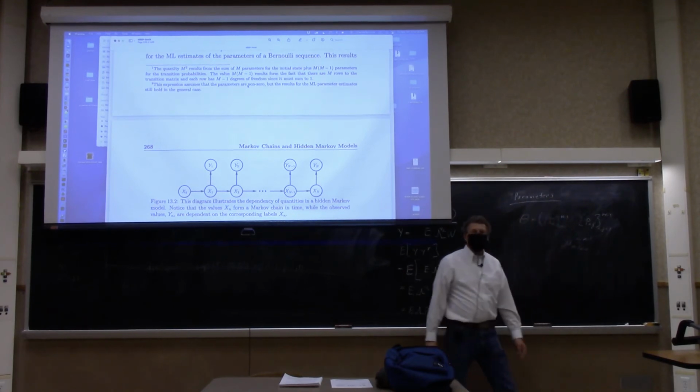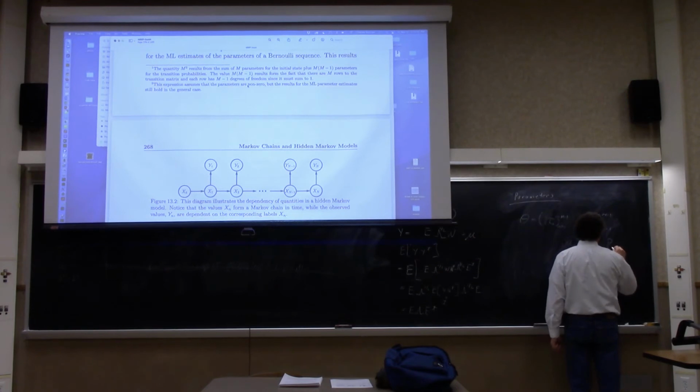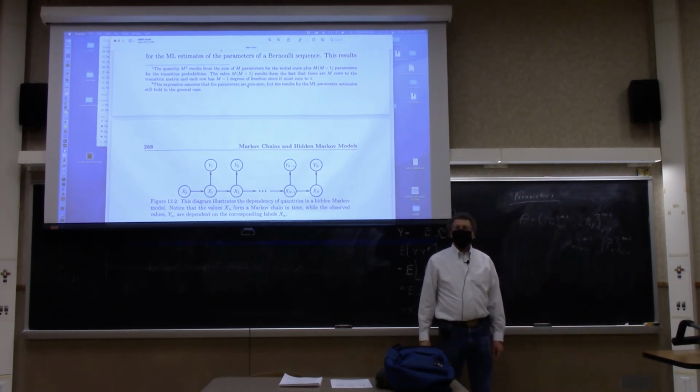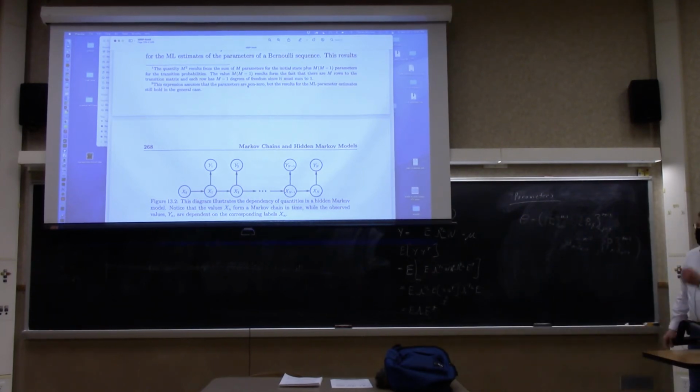Those are the means of the observations. And you need to know R I for I equals 1 to n minus 1. And that's the full set of parameters for the model.